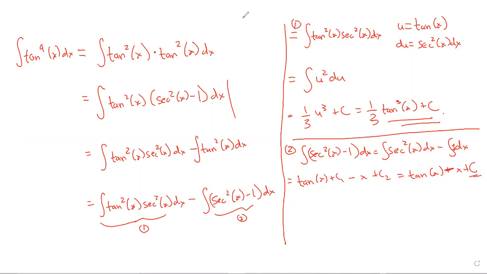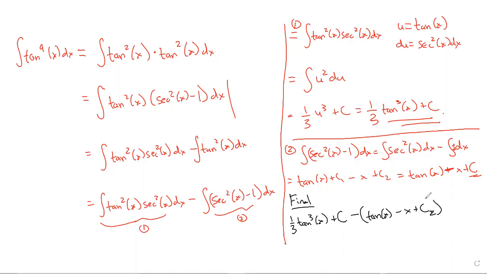So our final result is going to be 1/3 tangent cubed x plus some arbitrary constant, and then minus this result here, tangent x minus x plus another arbitrary constant.